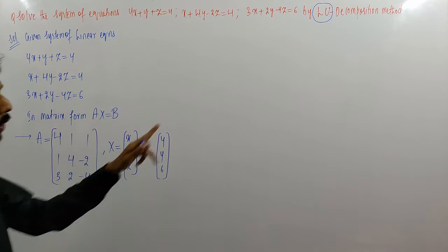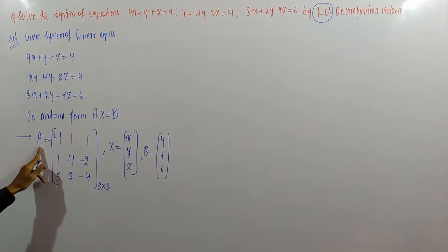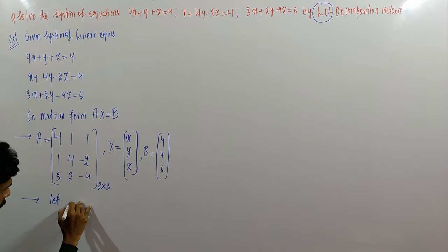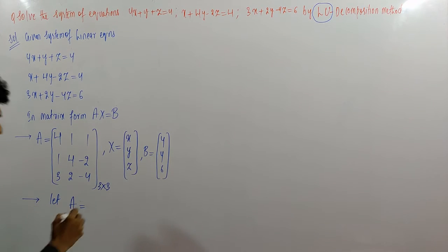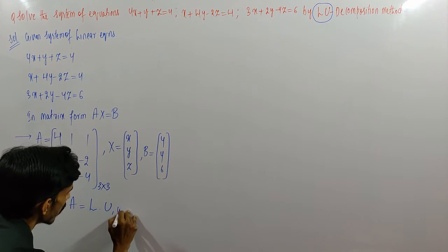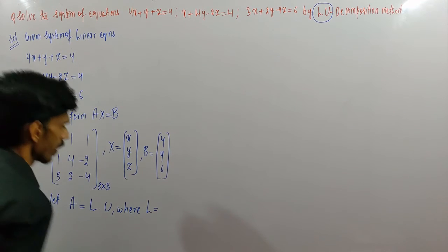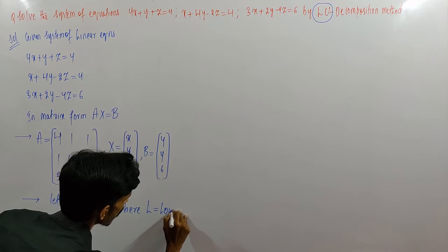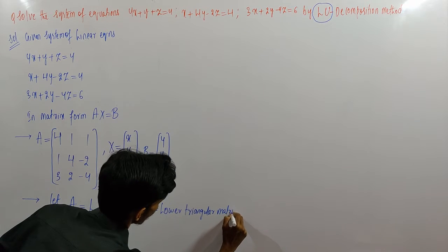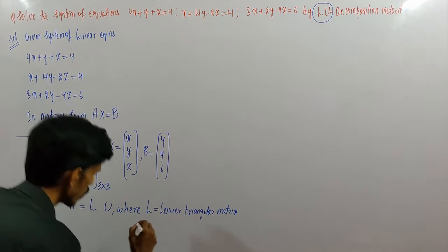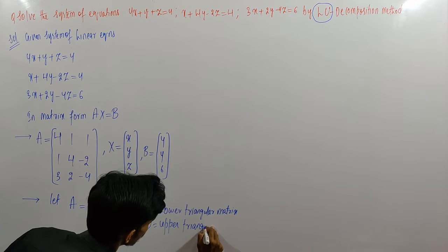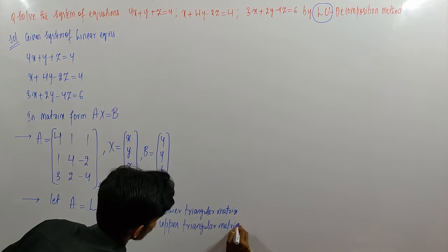Now, in LU decomposition, we will suppose this matrix A, that is the coefficient matrix, is a product of L into U, where L refers to a lower triangular matrix and U refers to an upper triangular matrix.